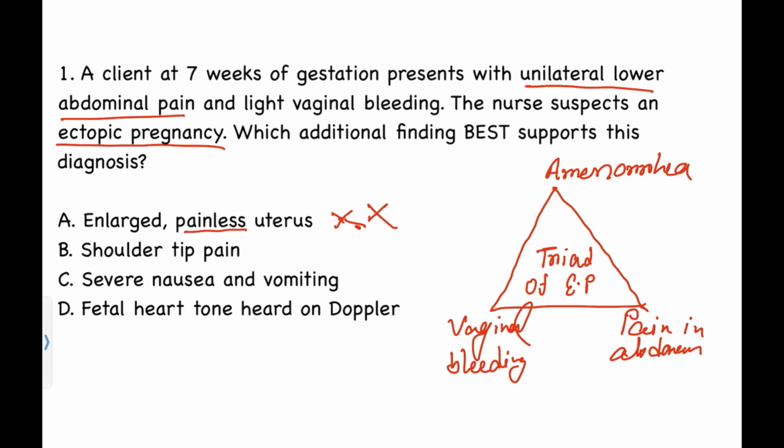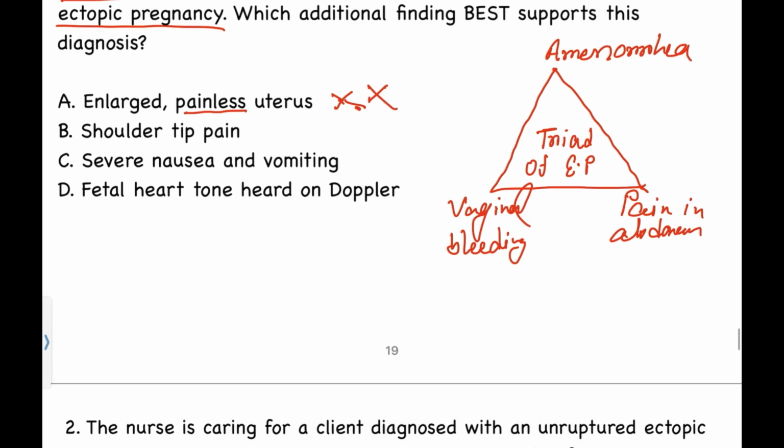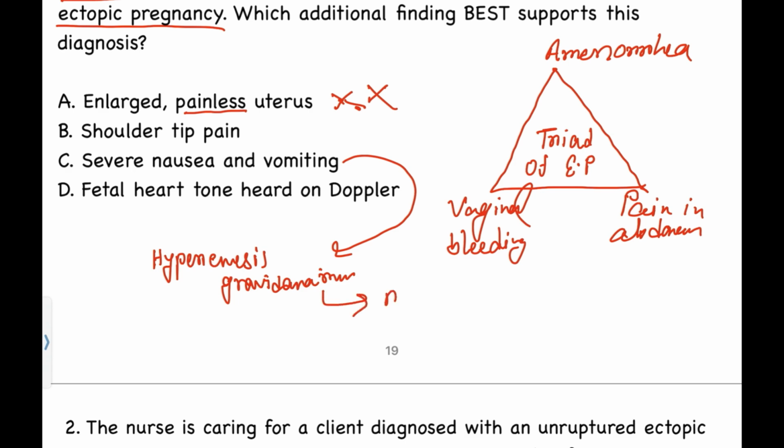Now option C, severe nausea and vomiting. Severe nausea and vomiting is the feature of hyperemesis gravidarum. Hyperemesis gravidarum is a feature of molar pregnancy, which we will cover later, but it's not a feature of ectopic pregnancy, so it is not the best indication.